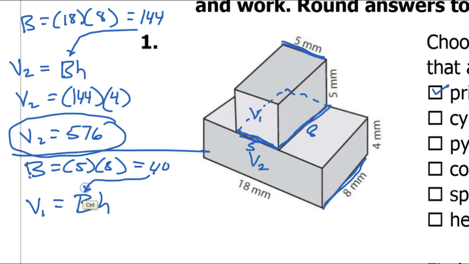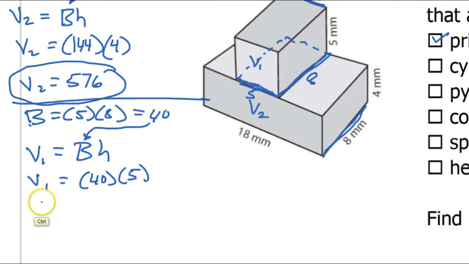That's going to go right here. So volume 1 is going to equal 40 times the height of prism number 1, which is 5. So that's going to be 200.